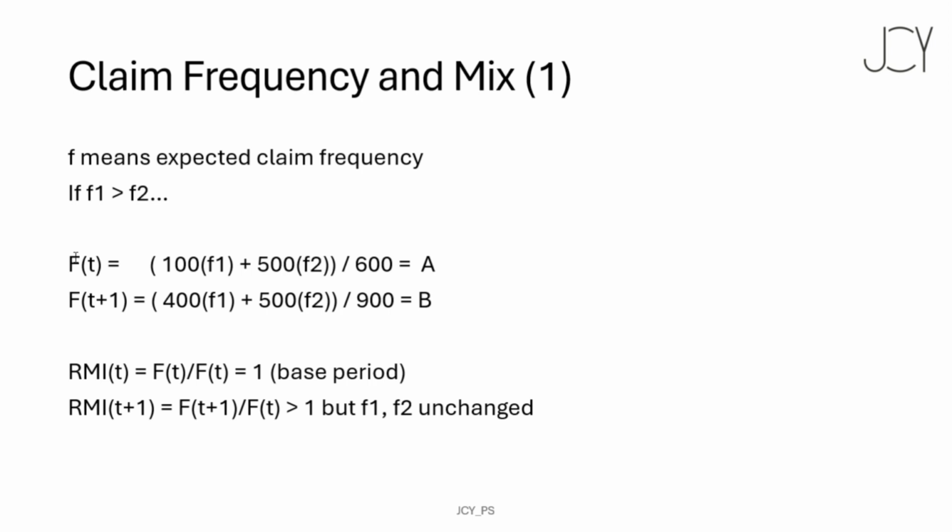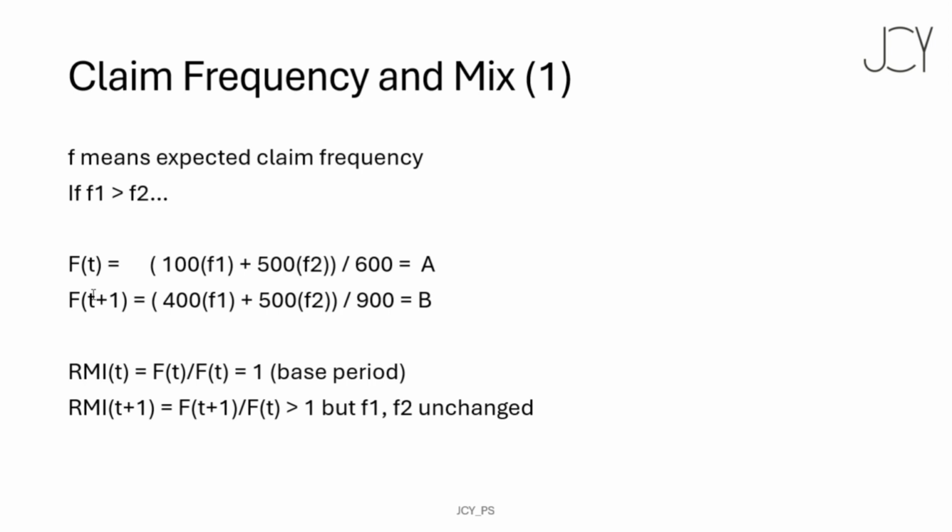So if we look at the combined frequency, here we see again the frequency of risk 1 and the frequency of risk 2. And we've also got attached a number of policies written with the respective risks. So 100 policies of risk 1 written and 500 policies of risk 2 written. And essentially the weighted average frequency is the value A.